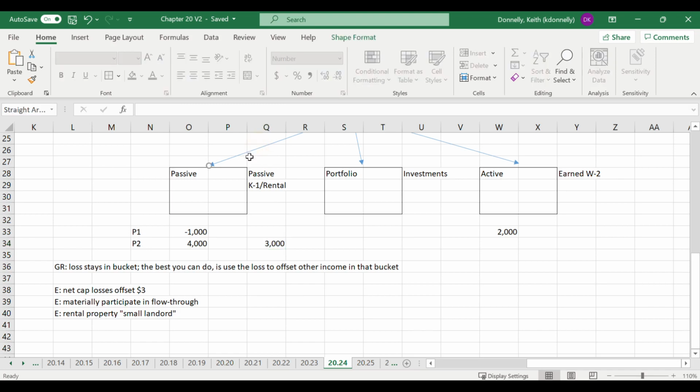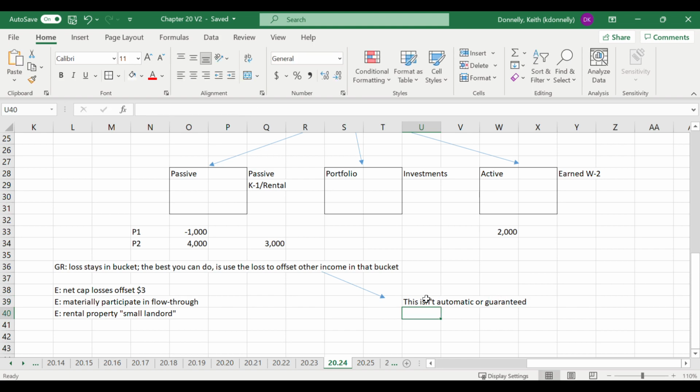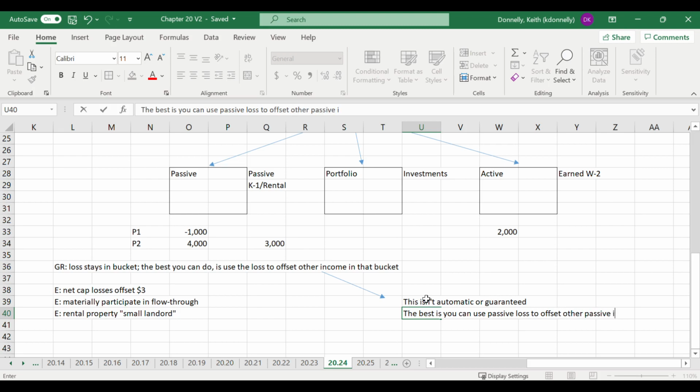However, this isn't automatic or guaranteed. In other words, the best you can do is use passive loss to offset other passive income.